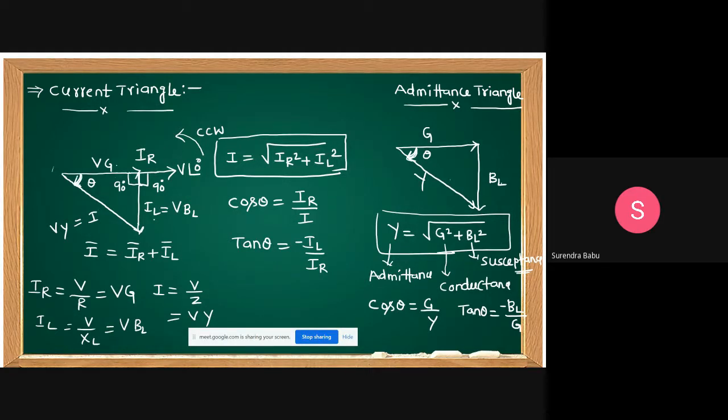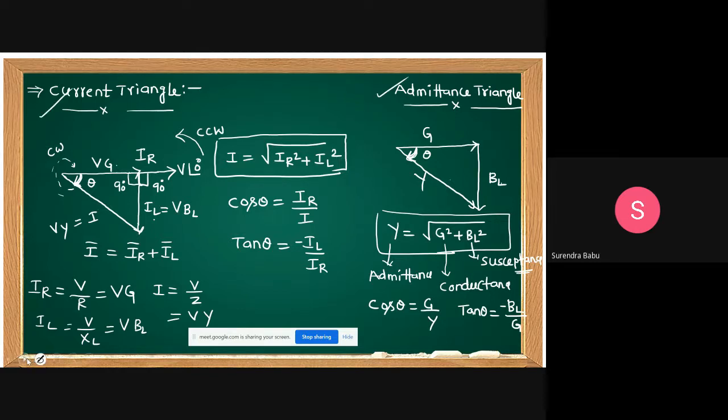If you start from the reference, this is going in which direction? Clockwise direction. But always vector rotation is counterclockwise. If angle is measured in clockwise, you take the negative. Clear? Yeah, this is the admittance triangle. This observation is important. This is a current triangle.